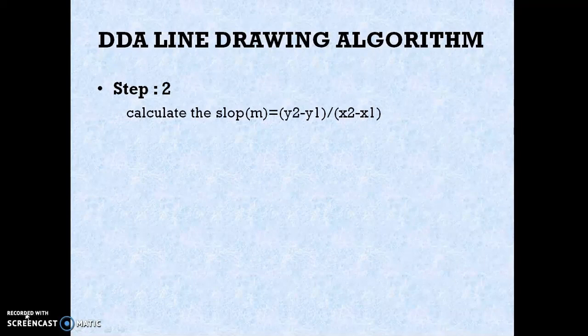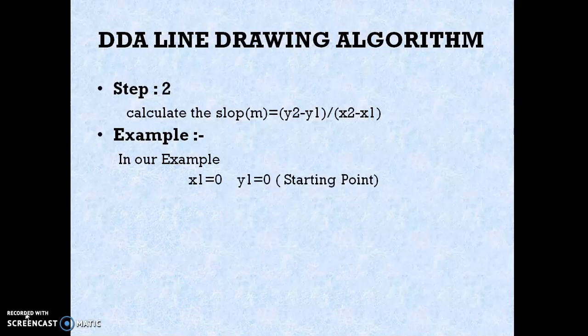Calculate the slope m, which is equal to y2 minus y1 divided by x2 minus x1. In our example, x1 is equal to 0, y1 is equal to 0, x2 is equal to 4 and y2 is equal to 5.